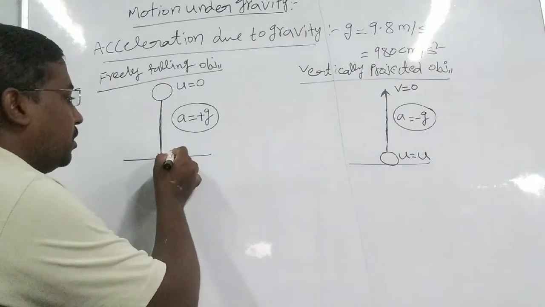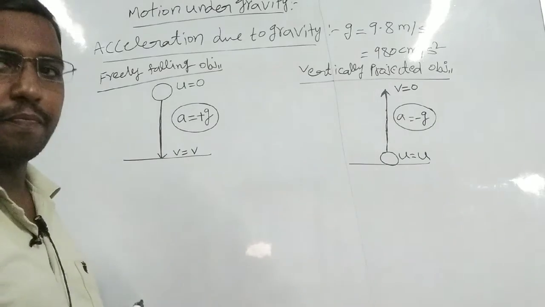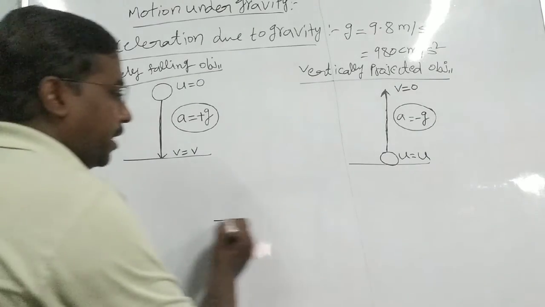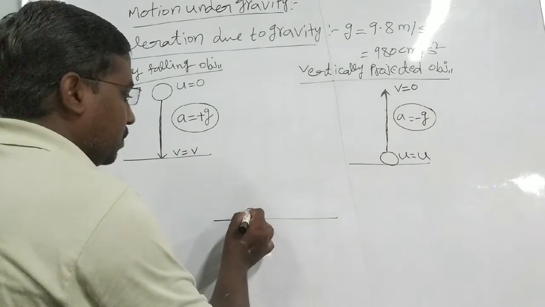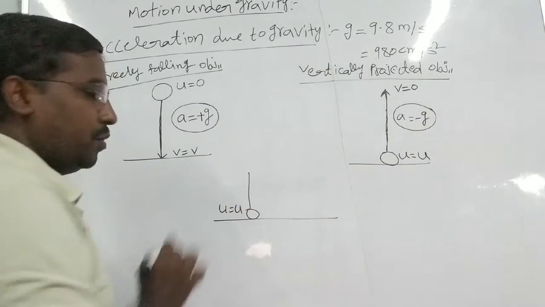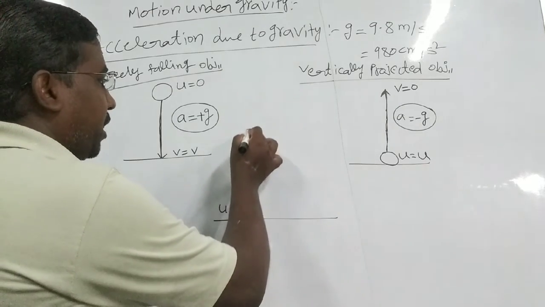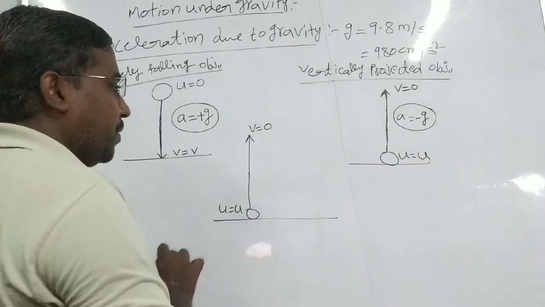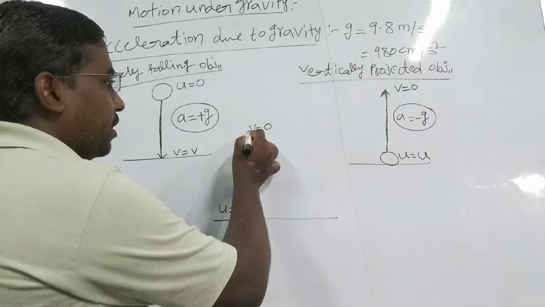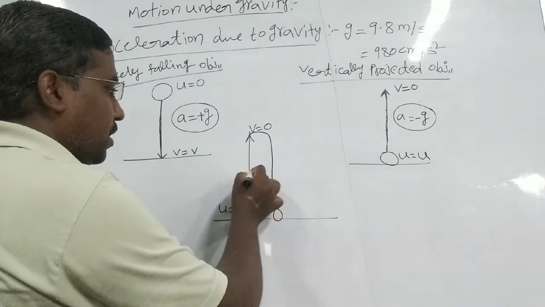Simply said, an object thrown with initial velocity u above the ground reaches maximum height where the final velocity is 0, and then returns to the earth.